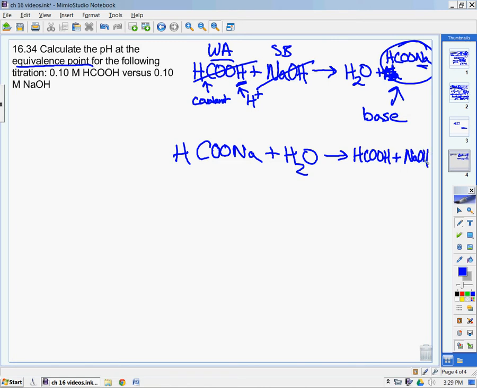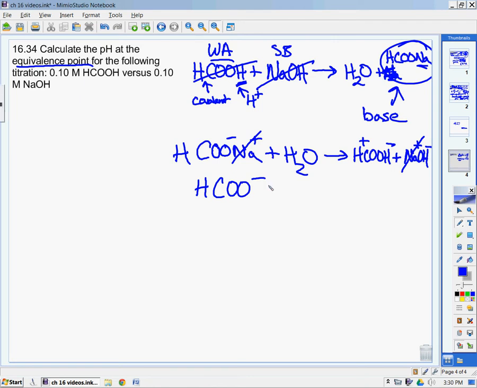By the way, we can rewrite this equation without the Na's because on both sides the Na's are positive and they're free floating in the water, so the net ionic equation just gets rid of the Na's and just writes the fact that that's negative and positive, negative. On both sides the Na exists as an ion and it's dissolved, it's aqueous, so we can get rid of it.